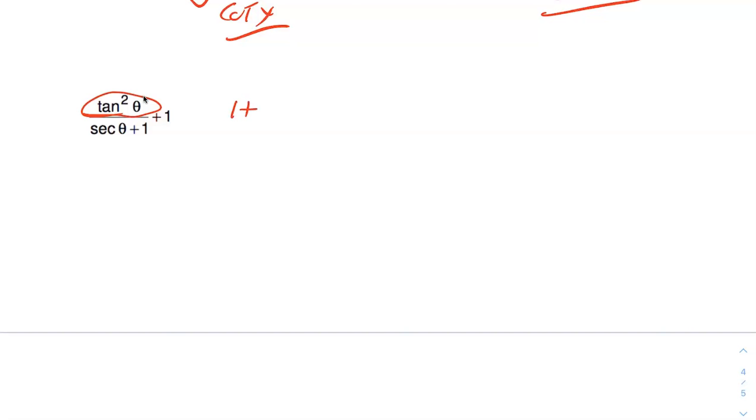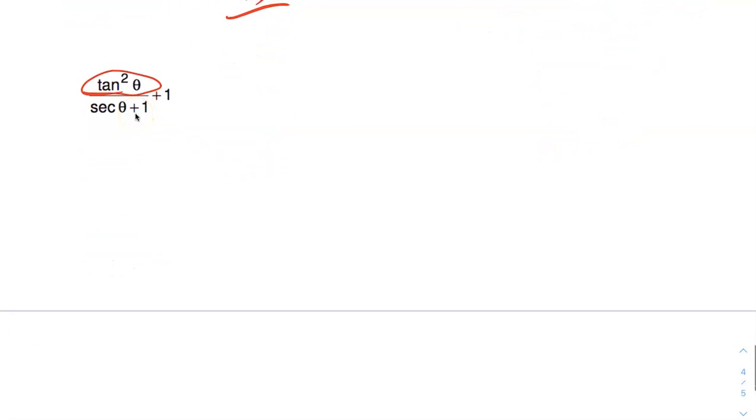Secant squared minus 1. Yeah, that's what they want me to do. Okay, sorry for the little delay. So tan squared theta. Now, I could try changing to sine and cosine, but I see a secant down here. If you remember from earlier, 1 plus tan squared equals secant squared. So I'm going to use that.